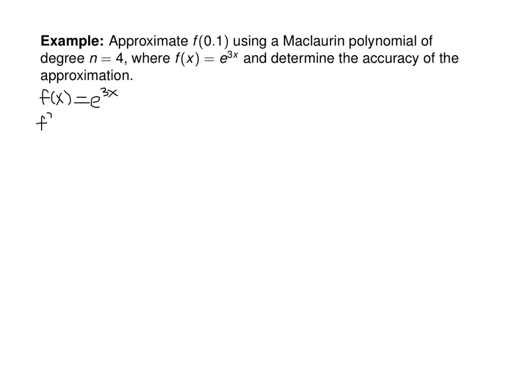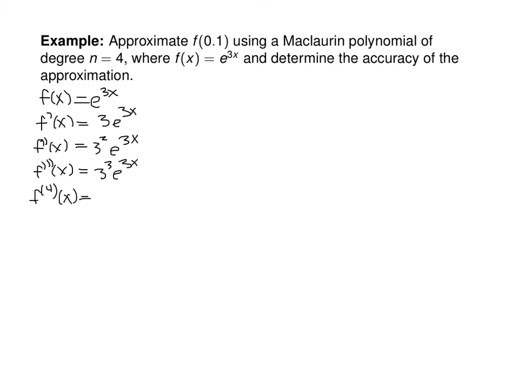The first derivative is equal to 3e to the 3x, which is the chain rule. The second derivative is equal to 3 squared, or 9e to the 3x. The third derivative is equal to 3 cubed e to the 3x. And the fourth derivative is equal to 3 to the 4th times e to the 3x.